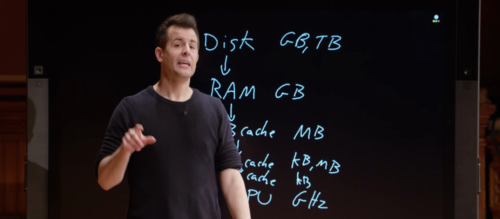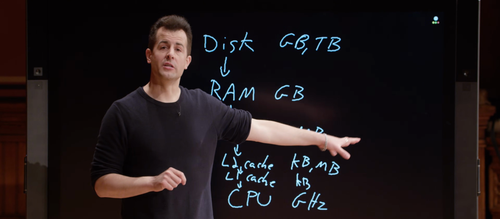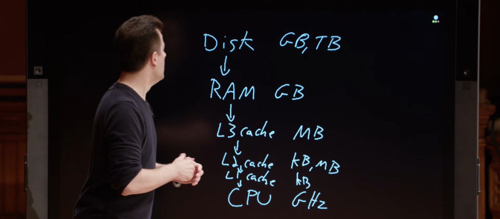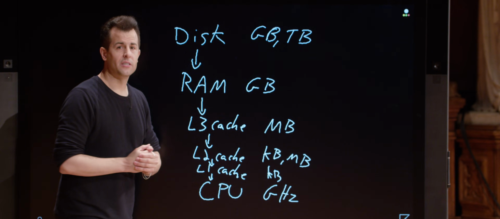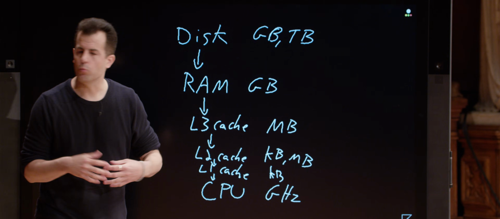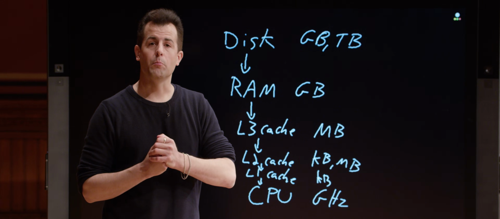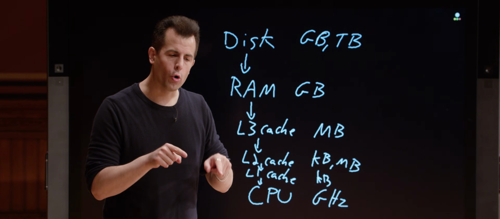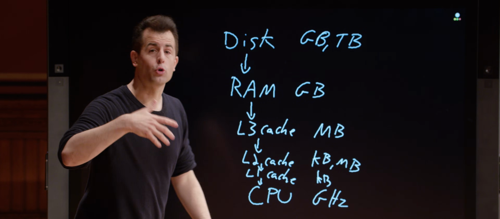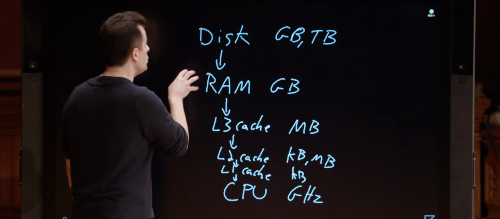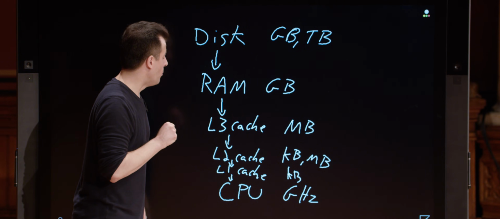Even solid state is slower than some of these other memories below it on the funnel here. Meanwhile, RAM tends to exist still on the order of gigabytes, but maybe 1 gigabyte, 4 gigabytes, 16, maybe more if you've splurged on a really nice computer. But RAM, recall, is where programs and files live when you've double-clicked or opened them in order to use them on your computer at a given moment.